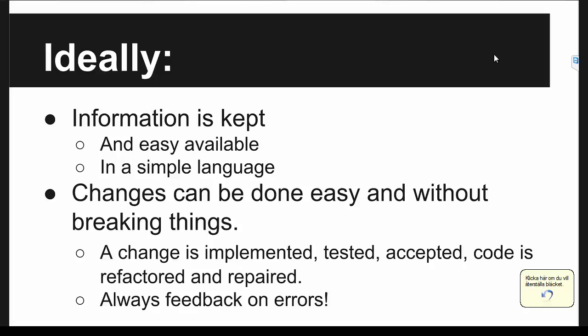I moved the other pieces of the puzzle around a little bit. I made sure that I could implement the new code without breaking other things. I made sure that I had testability. Before I even started, I made sure that I would be able to test this new code, right?